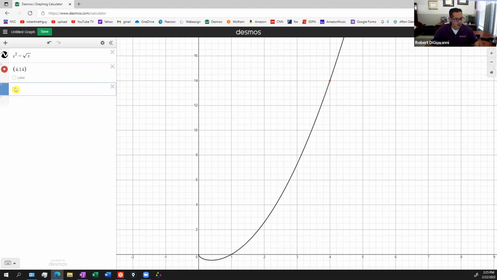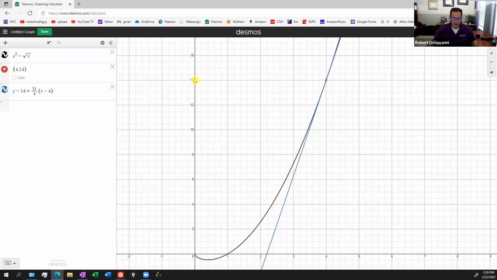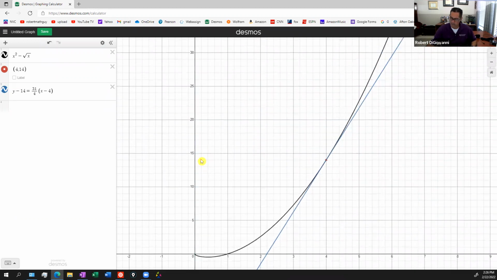And we got the equation y minus 14 equals 31/4 times x minus 4. There it is. Looks like we did it right, yeah? Does that look like the equation of the tangent line? It goes right through that point, and looks tangent to the curve.